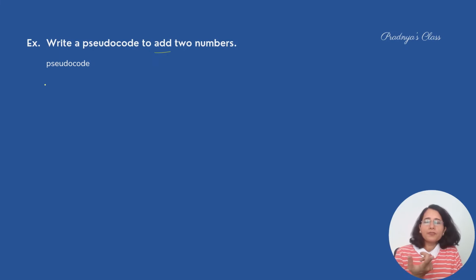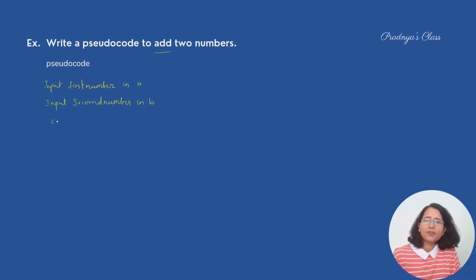So here also, first we need to take the two numbers. So we can write input first number, and I can take any variable, A. Similarly, take another number, input second number in B. Now we have to add the two numbers.